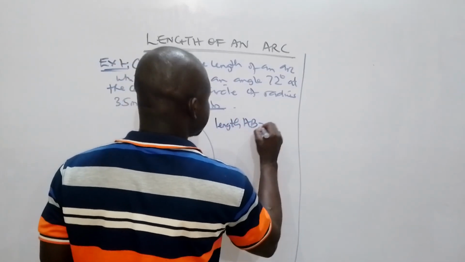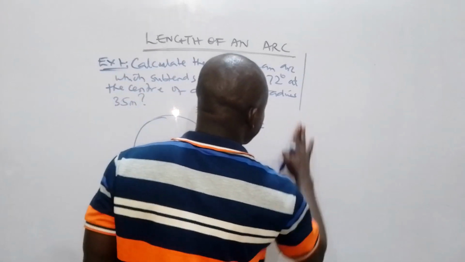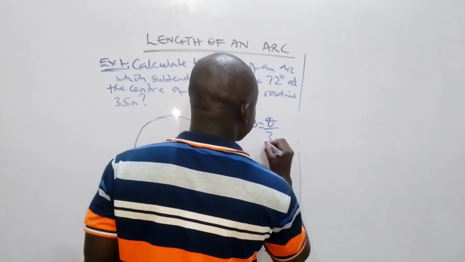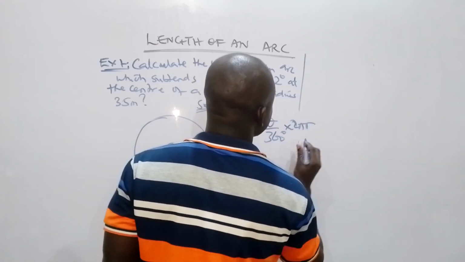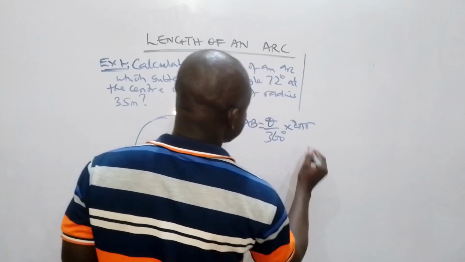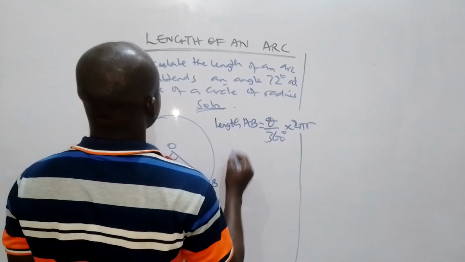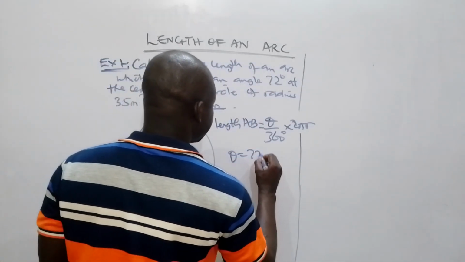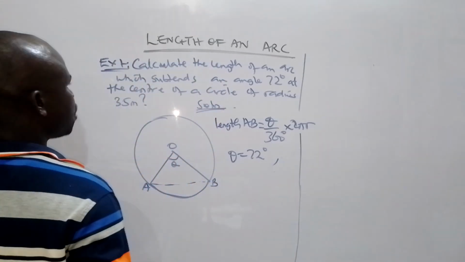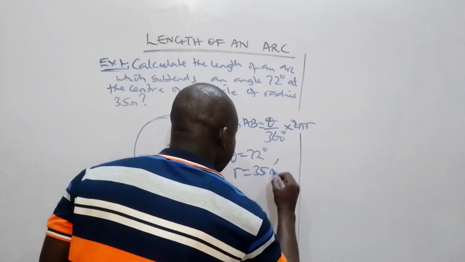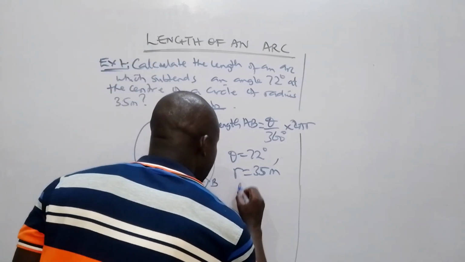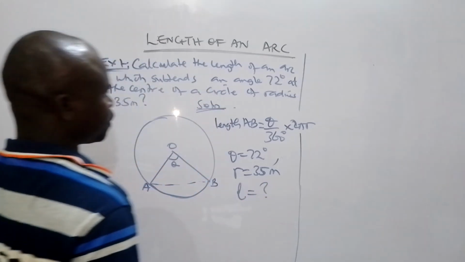The length of this arc is given by formula as theta over 360 degrees multiplied by 2 pi r. But in this question now, what are we given? We are given the angle theta as 72 degrees. We are also given the radius as 35 meters. Then we are asked to find L, the length. That's what we are looking for.